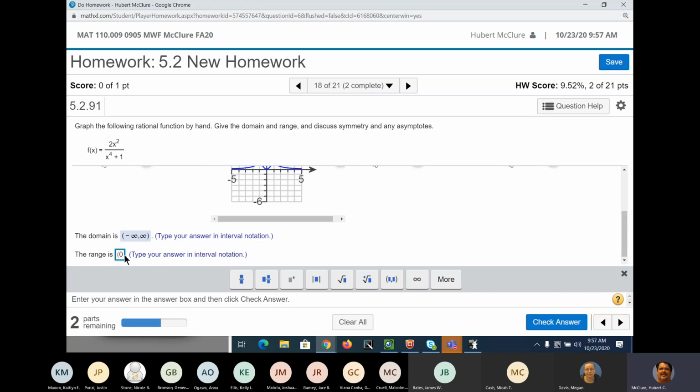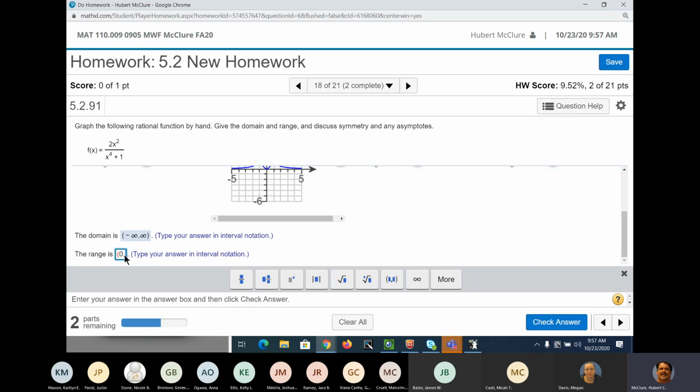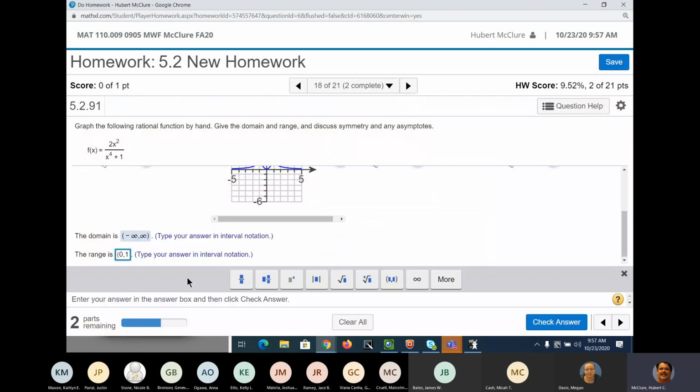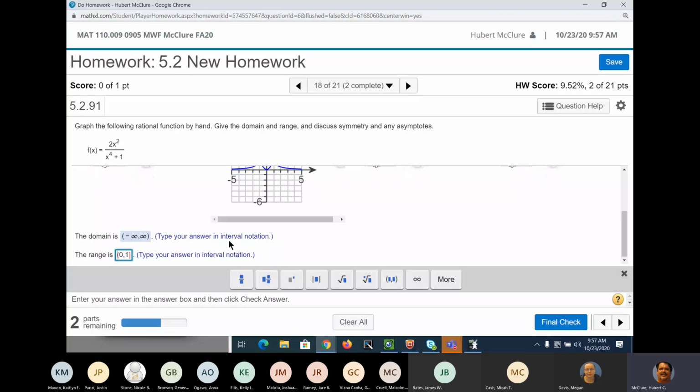So 0, comma, and I don't think it touches 1 either, but it may touch 1. Oh, shoot. 0 to 1, parentheses. So put a bracket on 1. That may be the answer. Well, I have no idea unless 0 is a bracket also. It could be. You'd have to blow it up to see it.